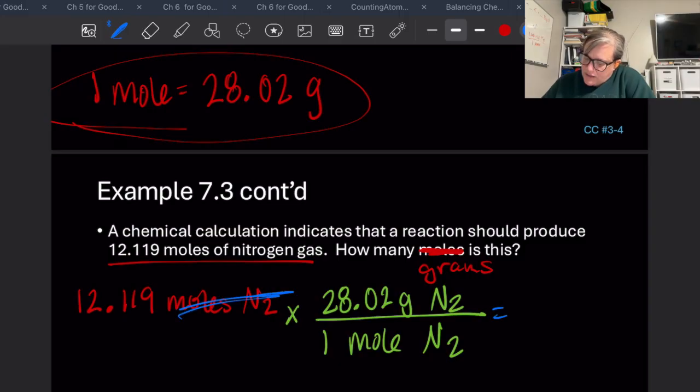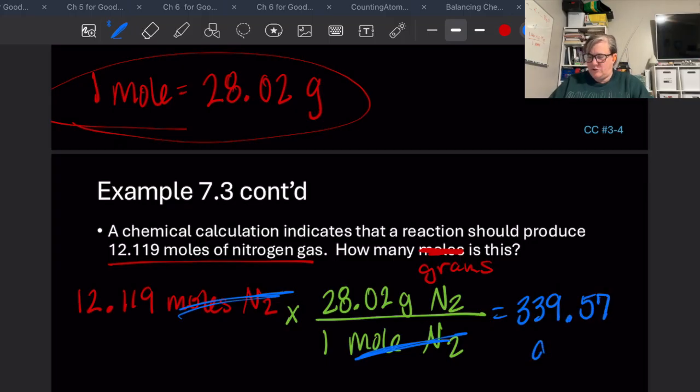Then we have 12.119 moles times 28.02 grams, and we should get 339.57 grams of N2. And that is our final answer because it was asking for grams.